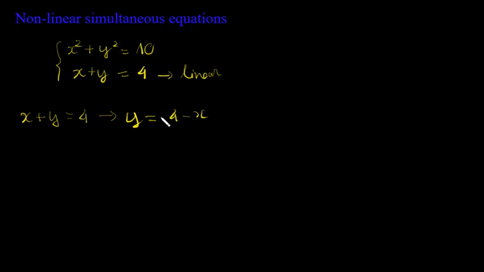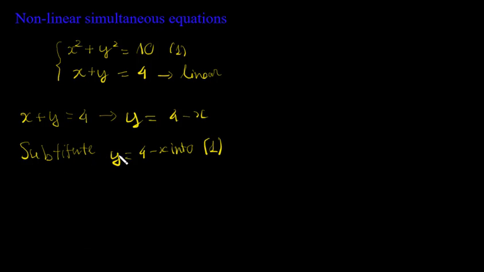Now we will substitute. For this type, we use the linear equation to get y equal to something in x, and we substitute that y into the other equation. Substitute y equal to 4 minus x into the first equation.